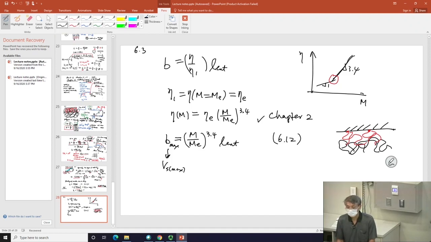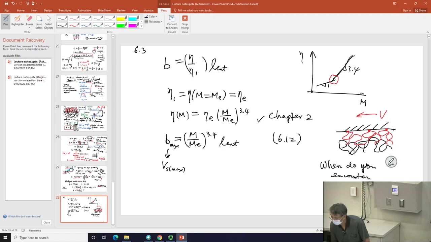One of the things that became more clear, and there are examples I will show you later, is the fact that if you just start to shear your sample like this, you will face the question of when do you encounter maximum wall slip.